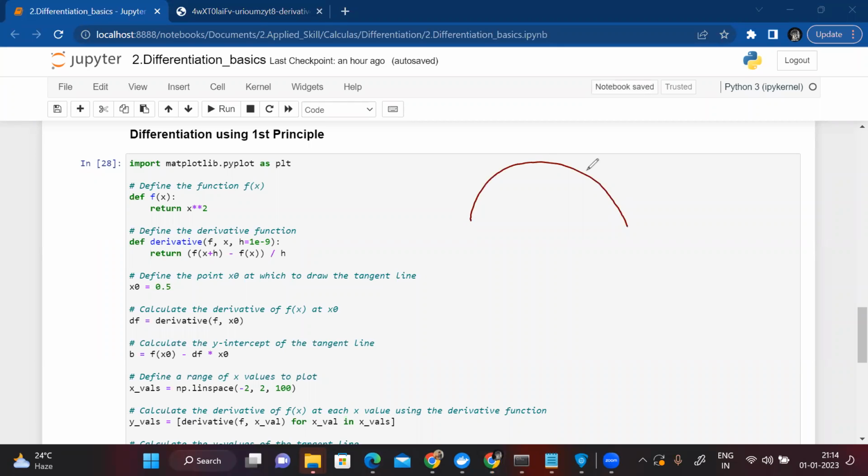But in short, I can tell you, if there is a curve, and you want to find out the tangent at this point, what we're trying to do is select any random points, let's suppose C and B, and at A you want to find this tangent. So we are approaching it from both sides, and we're trying to find the best tangent.